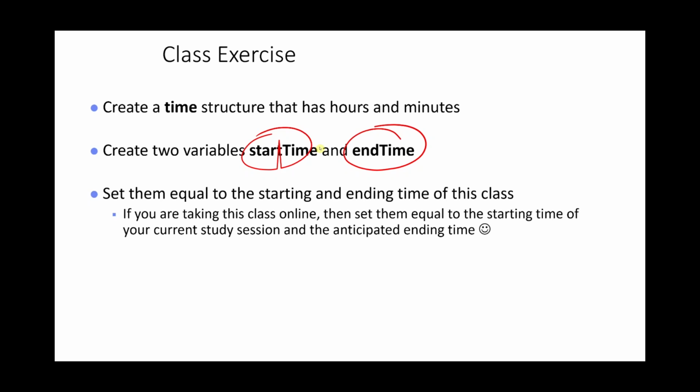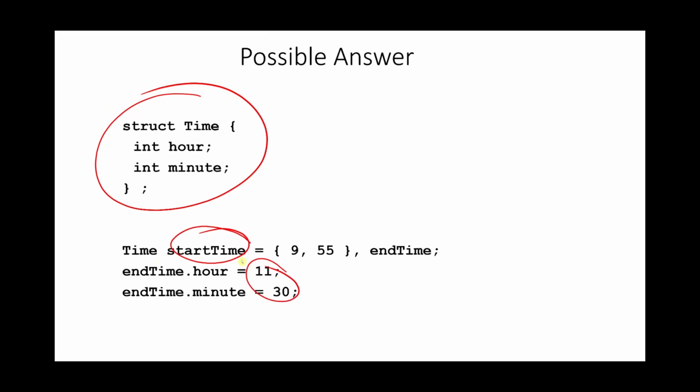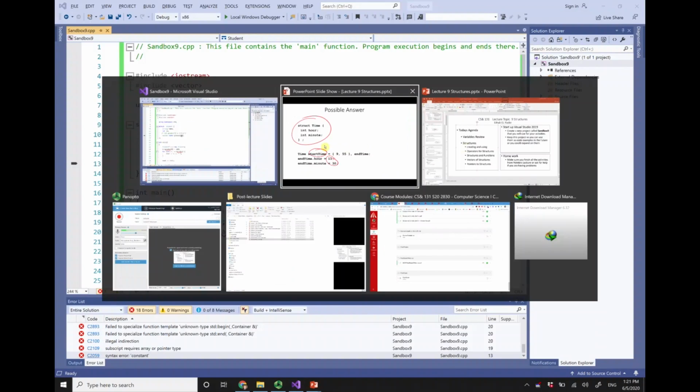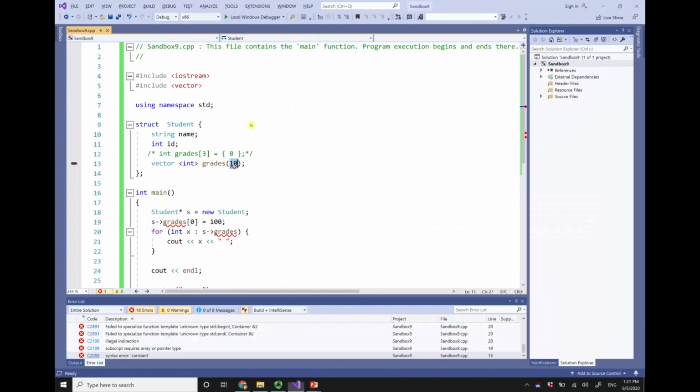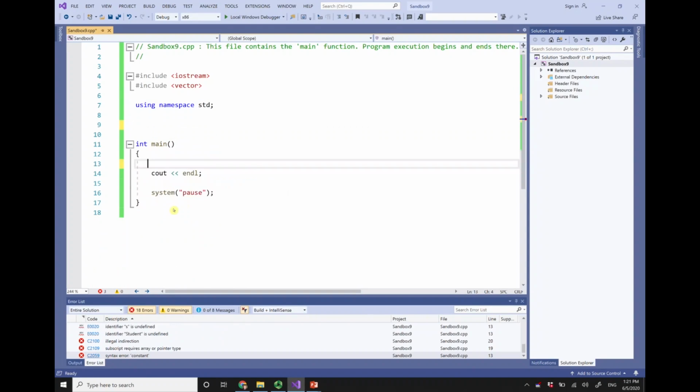Okay, assuming you came back to see the answer, here is the answer. I'm just creating a struct time with hour and minute, and setting the start time and the end time. Now I'm going to do that in different ways with you. Let's go to this one. I'm going to remove this one, I don't need it anymore, and this one too.